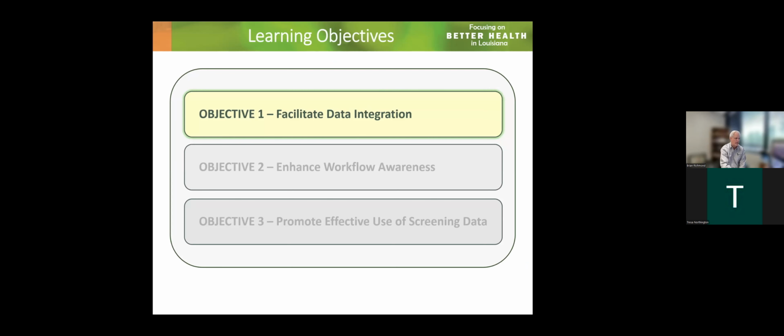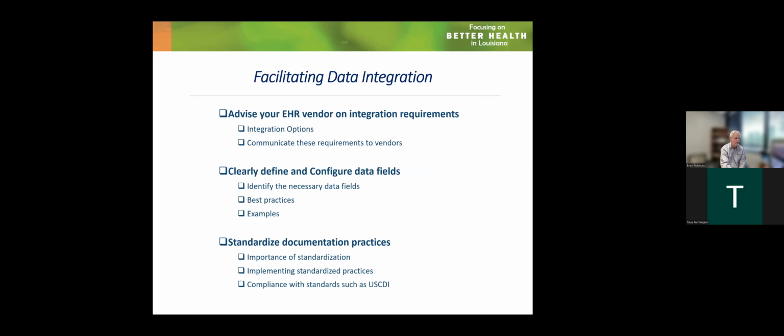So the first objective is facilitating the data integration. What do we mean by that? Within electronic health record systems, there are different ways information can be captured. A lot of times when you go into the EHR, you see there's a tool, you open up an encounter, fill out the information, and save it in the EHR.